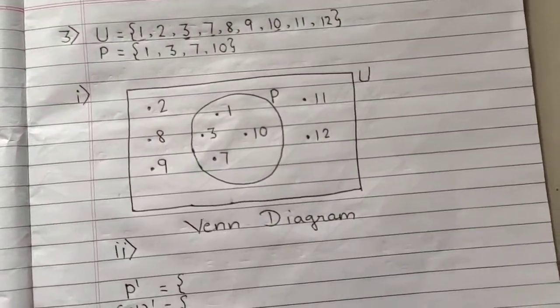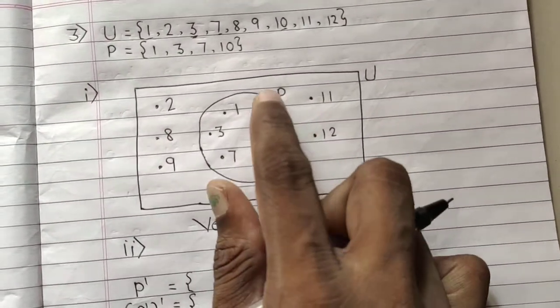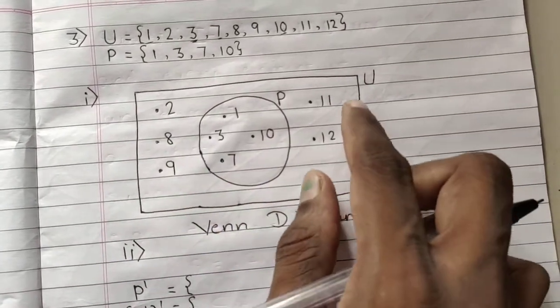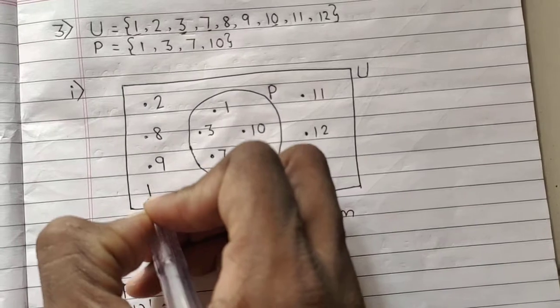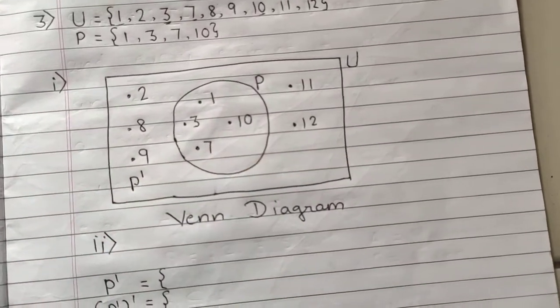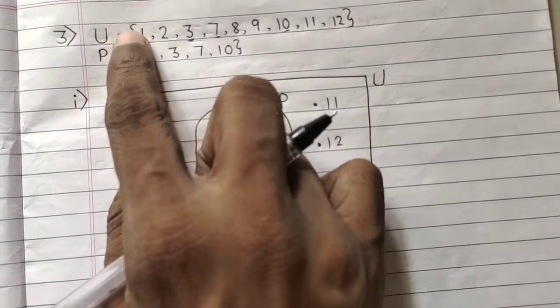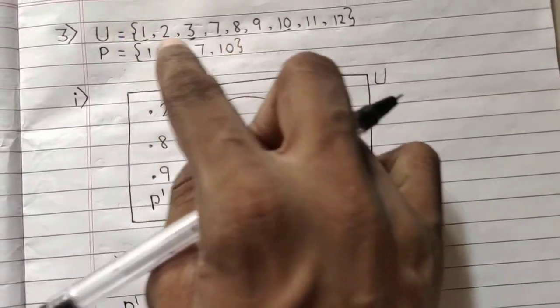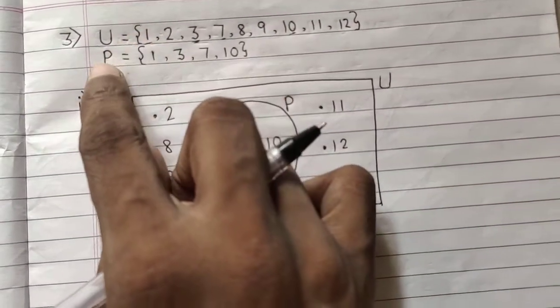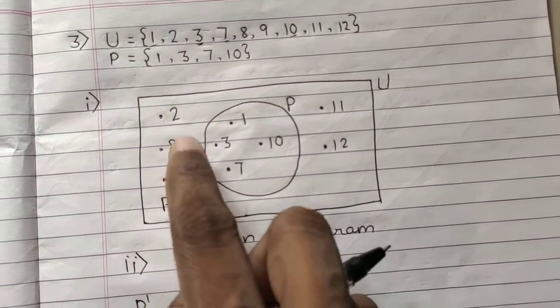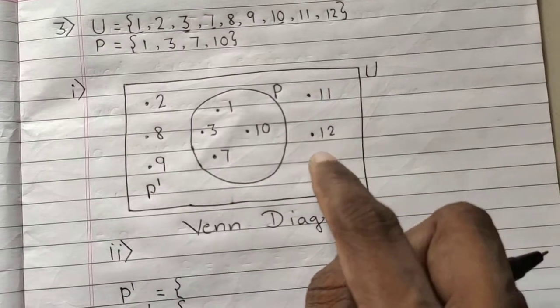Now see, whatever extra element is there in U, that we call P dash. Yes or no? What is complement? You compare this set with U, and whatever extra numbers you are seeing in set U, that is known as the complement of P. So the complement of P is what? 2, 8, 9, 11 and 12.